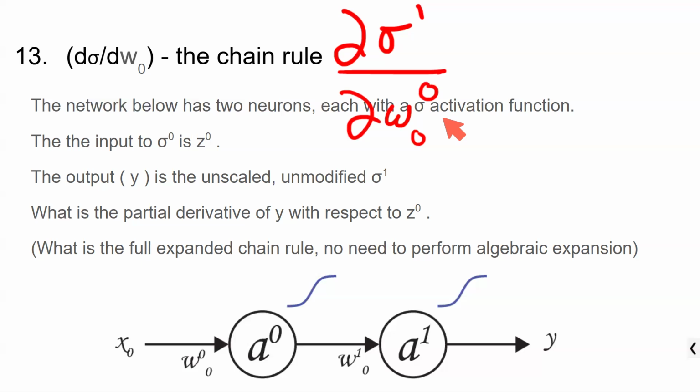The final signal. Okay. How much a shift in this W0 causes a shift in the final output? We need to multiply this W0 by some things along the way to figure that out. What are the things that we need to multiply it by?